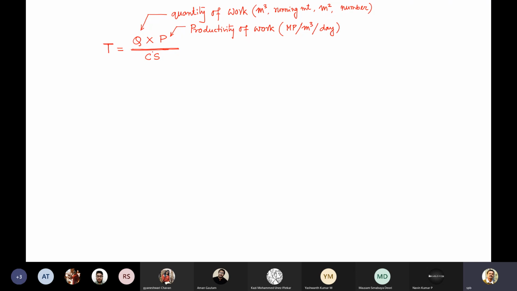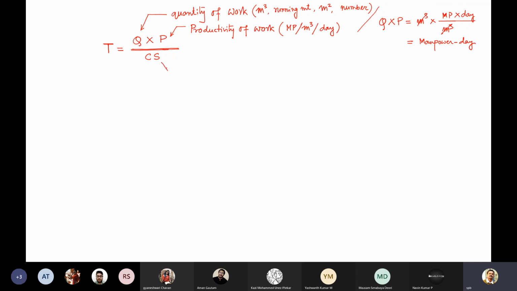So if I multiply these two, Q into P will be equal to meter cube multiplied by manpower by meter cube per day. So that means manpower day will be, you will get.